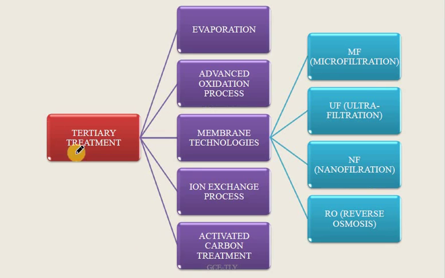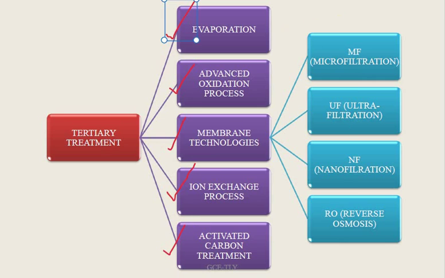So tertiary treatment includes the following methods. One is evaporation, the other is advanced oxidation process, third is membrane technology, fourth is ion exchange process, and the fifth is activated carbon treatment.